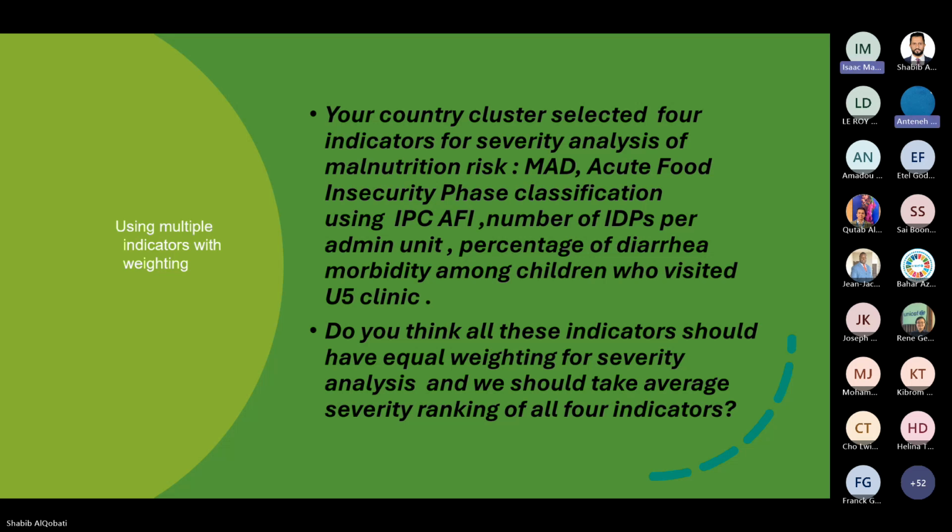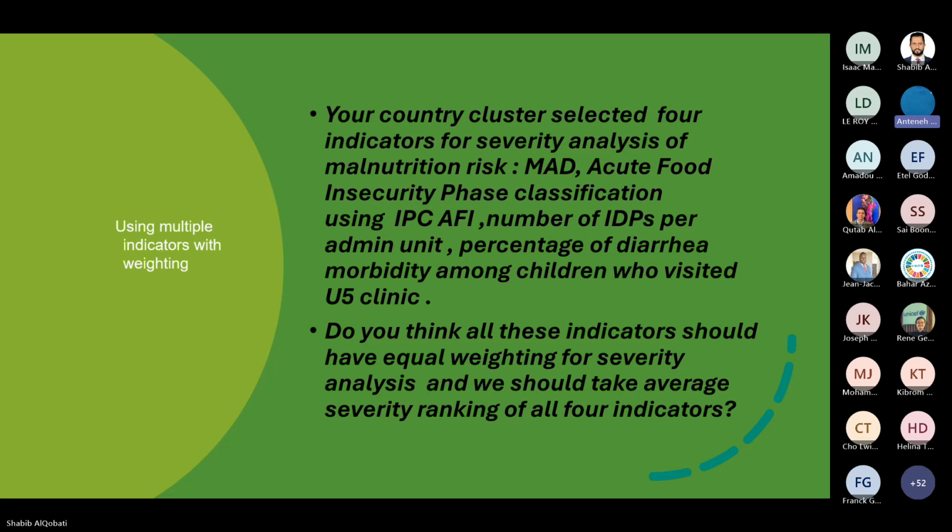Hi, Regina, Antonio, yes, please. I see Regina's response, and also we have a hand raised by Isaac. Okay. Regina says, I think child-specific indicators such as minimum acceptable diet and percentage of children with diarrhea should carry more weight. Could be.